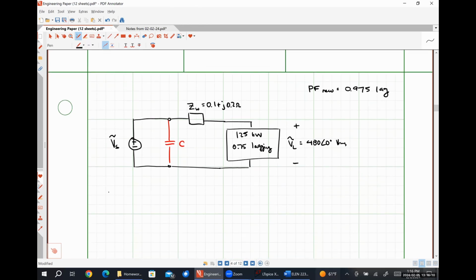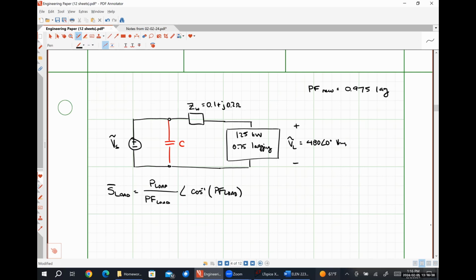So S load is going to be the average power absorbed by my load divided by the power factor at which my load is operating, with an angle of the inverse cosine of the power factor.